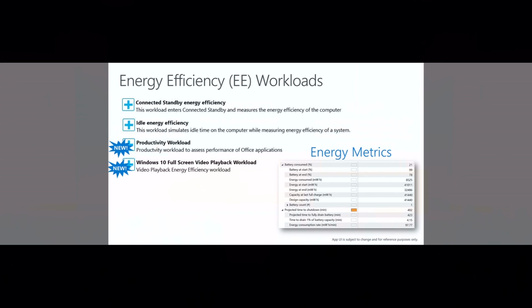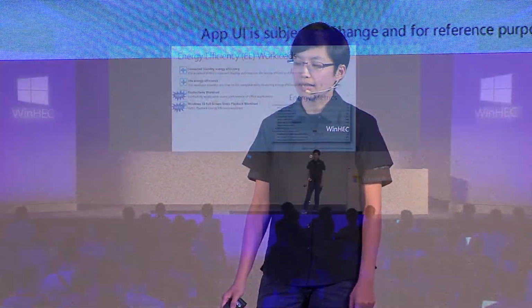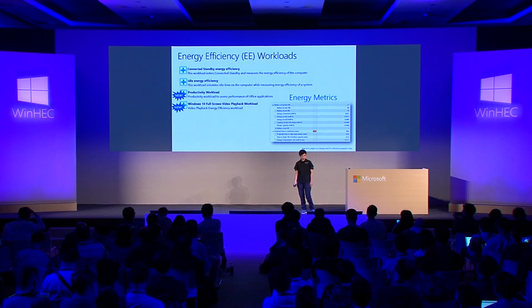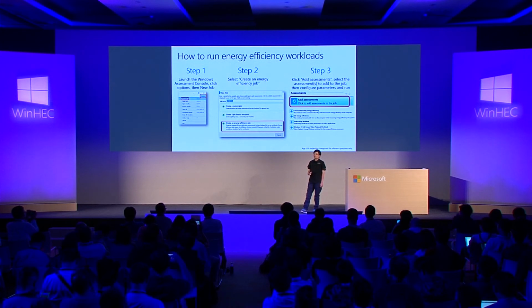The Assessment Toolkit offers several energy efficiency workloads, including modern standby, idle, office productivity, and several full-screen video playback. The projected time to shut down and other supported energy efficiency metrics can be viewed in the Windows Assessment Console. Let's walk through the 3 steps of running an energy efficiency workload.